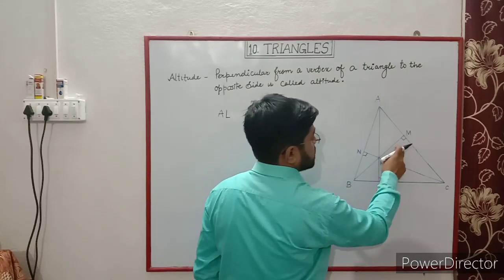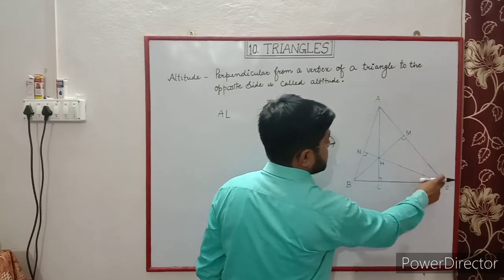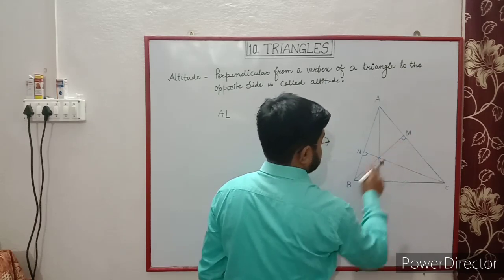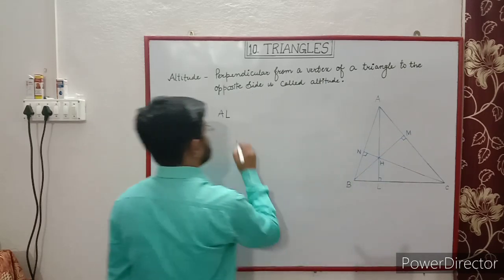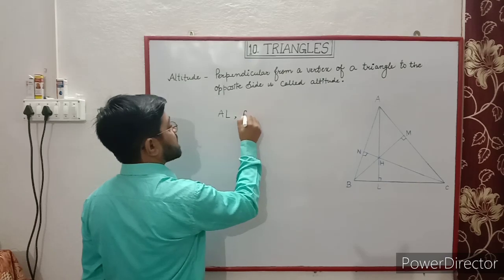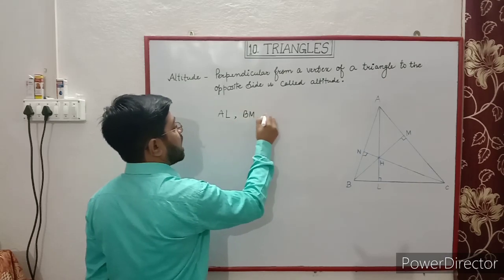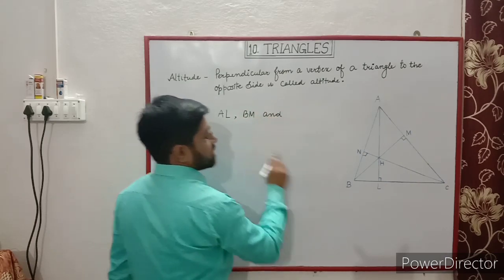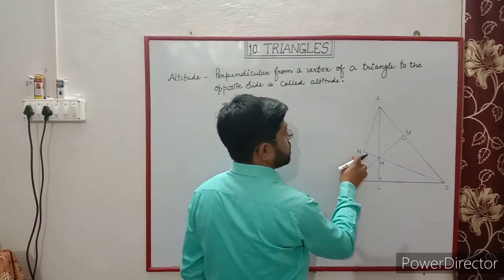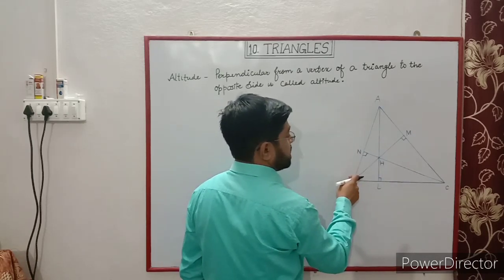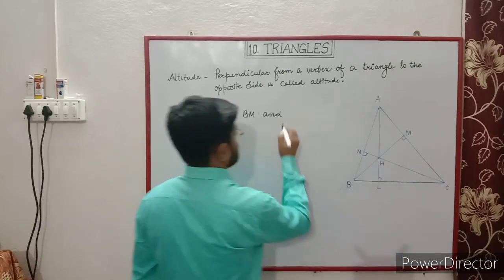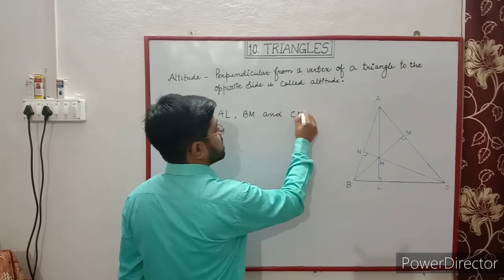Now BM is perpendicular to AC, opposite side, and from the vertex B. So BM is the second altitude, and CN is perpendicular to the opposite side AB from the vertex C. So CN, third altitude.